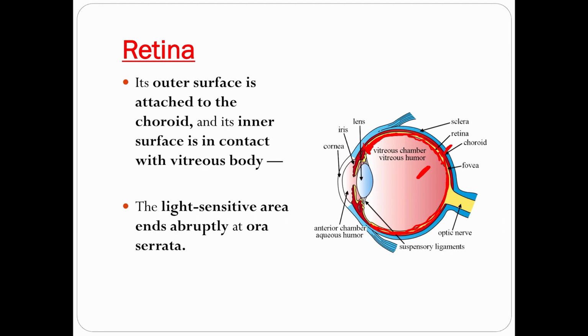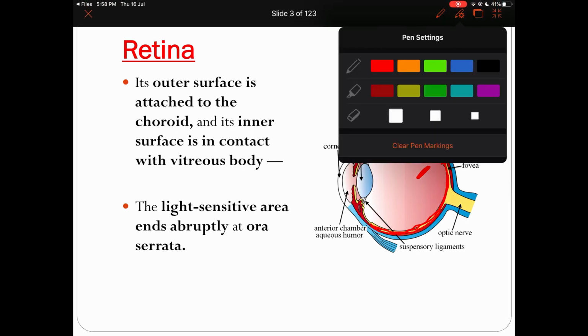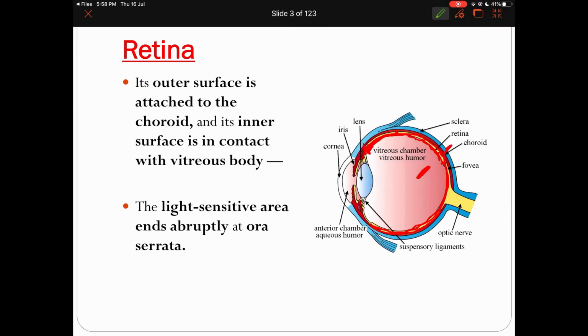The reason is that the pigmented epithelium, which is the first layer of the retina, continues in the ciliary body and also in the pigmented layer of the iris.